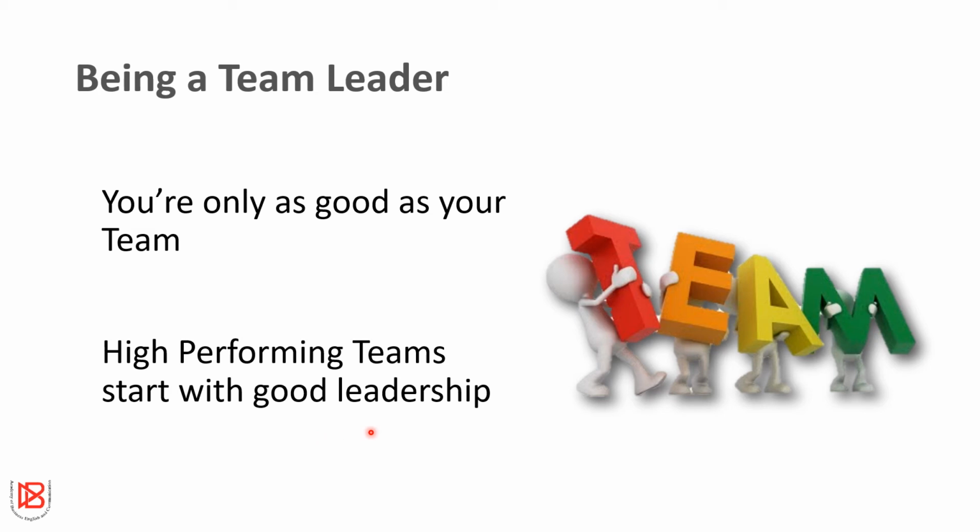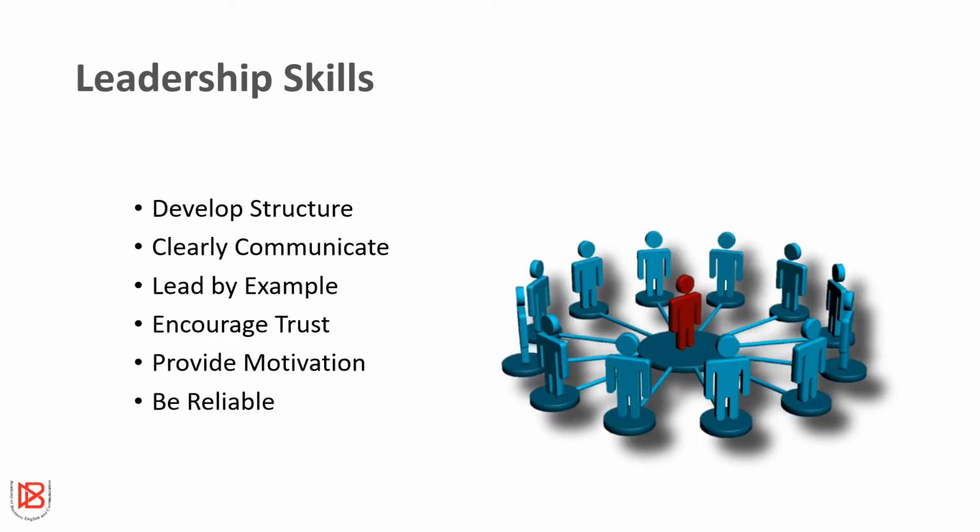Now this is what we need to go around. Remember, in a team, there is no I. There is no I in the team. It is everybody inclusive that we need to understand. Leadership skills are to develop structures and clearly communicate, as the pictograph will show you, to let you understand what leadership skill we need to illuminate. Now this is what we need to have: a proper structure.